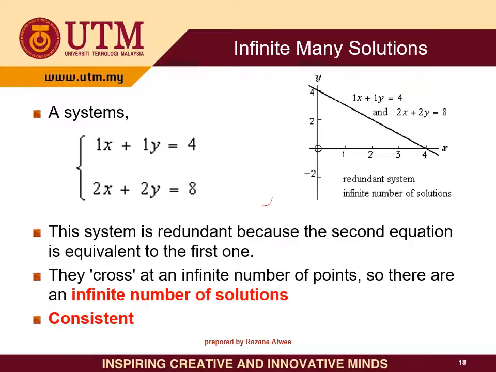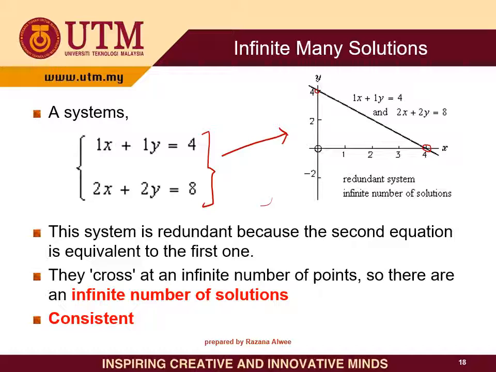Okay, now we go to the second type, infinitely many solutions. They give us a system: 1x plus 1y equals 4 and 2x plus 2y equals 8. If we plot this on the graph, both lines are the same.